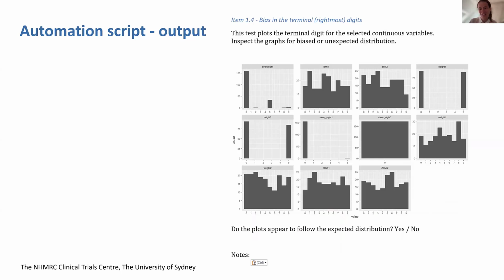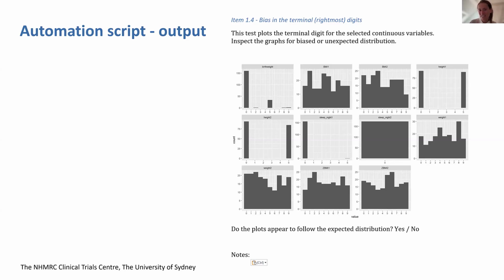Another test the script does for you automatically is terminal digit bias. And what's that? Now, humans are actually really bad at making up random numbers. So we tend to introduce a lot of bias, and you may want to try that out for yourself, but maybe now I've told you, you'll be good at not introducing that bias. If you just try to write down 20 random numbers, you'll likely end up with the same terminal digits over and over again, using lots of 3s at the end or lots of 7s at the end, because that's just how our brains work.